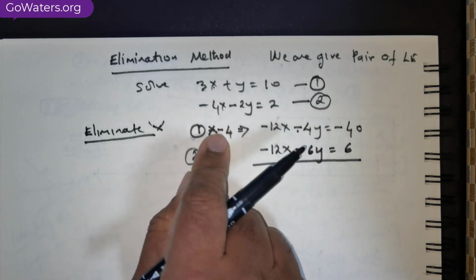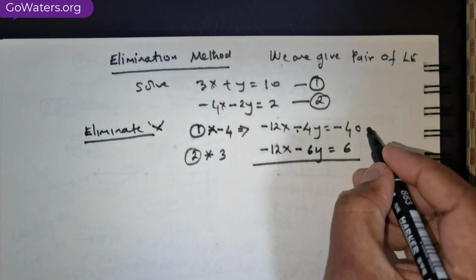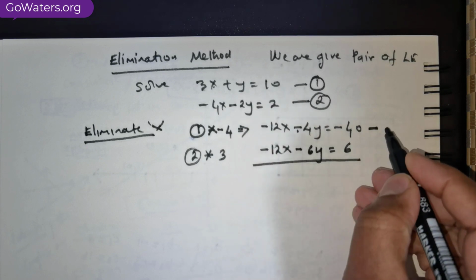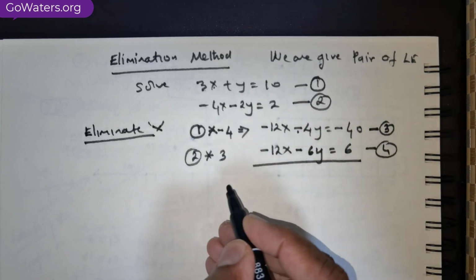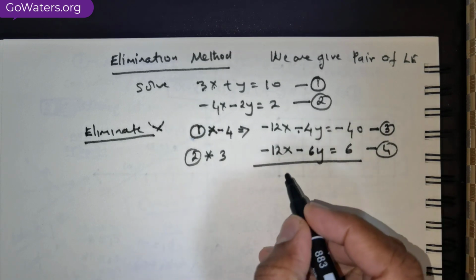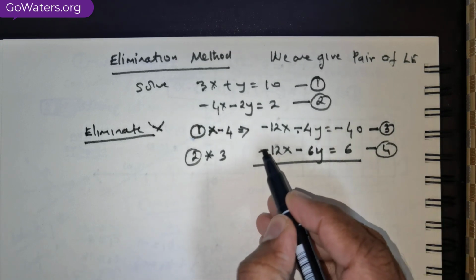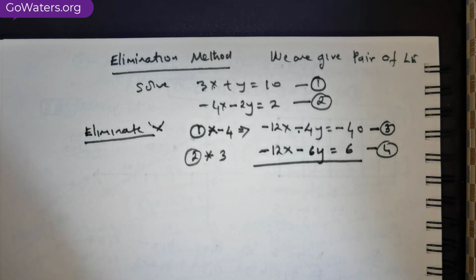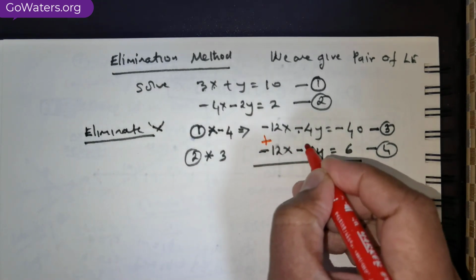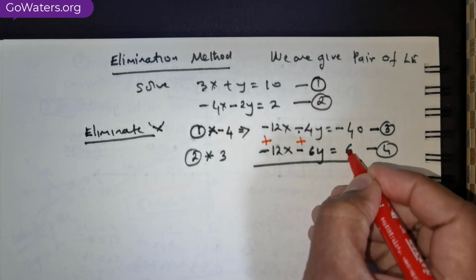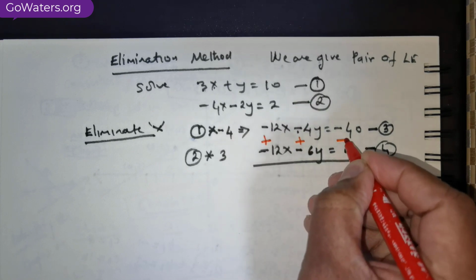Now since we have multiplied equation 1 with negative 4, now we have a new equation and I will name it as 3 and 4. Now what I will do is I will add them both. Now since I have a negative sign, always change the sign. Negative becomes positive, negative becomes positive. There is a positive sign here. Positive means negative.